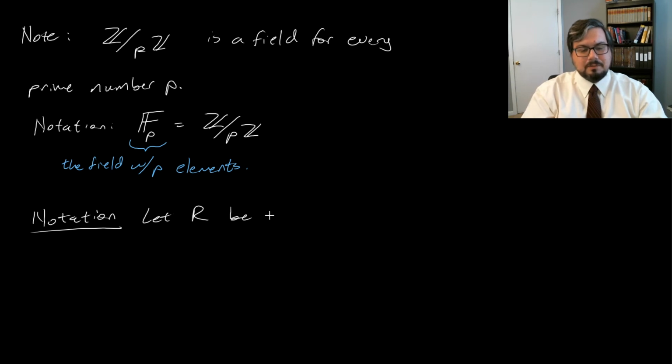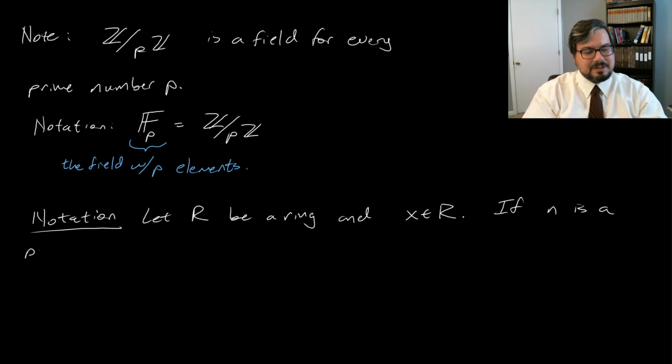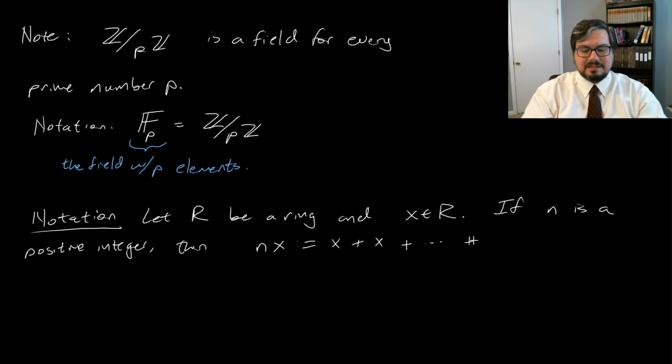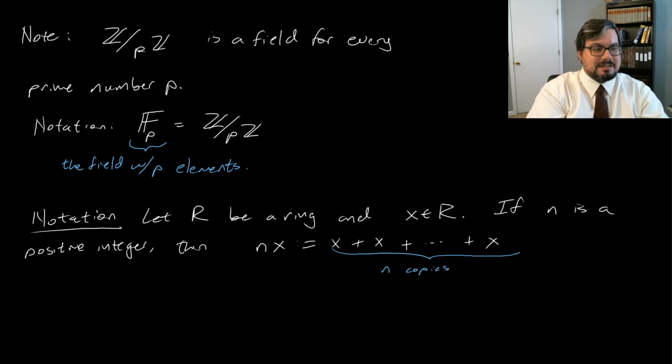So let's let R be a ring and x an element of R. Now, if n is a positive integer, then nx is defined to be the n-fold sum of x. That is the thing that we get when we add up n copies of the element x together.